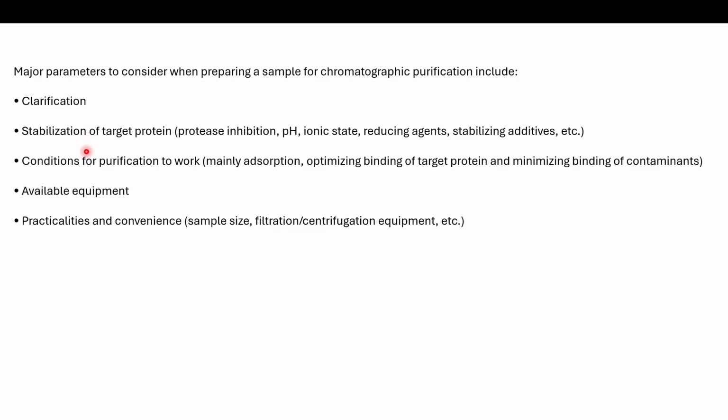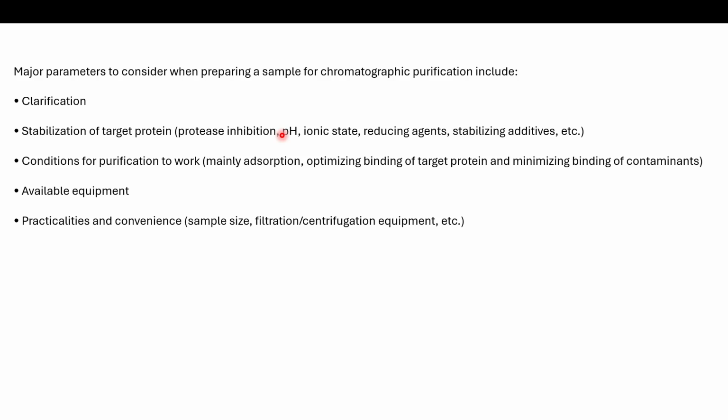Then you have to stabilize the target product. If it is a protein, you have to stabilize it in a functional, properly folded form. If we are talking about protein, then we should have protease inhibition. Any action of proteases should be avoided.